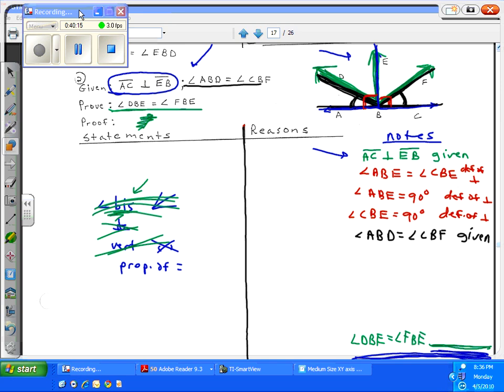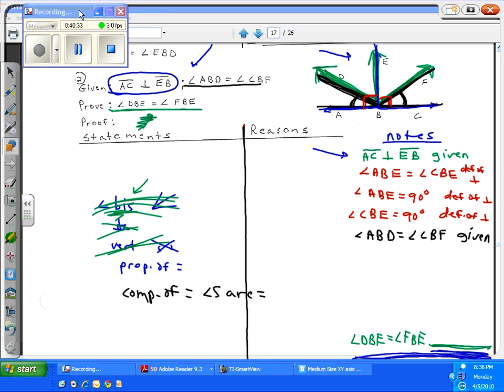And if they add up to 90, they're complementary. And the black one is equal to the black one. So the green ones are complements of equal angles. And so we go, it's that one. It's that thing we just learned.